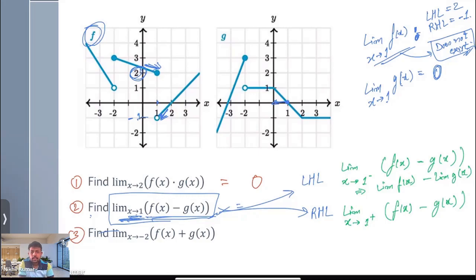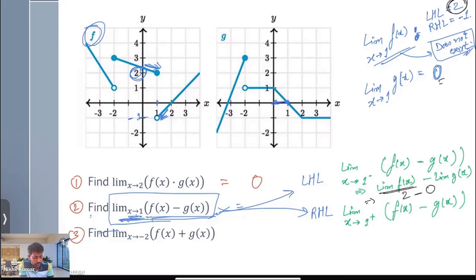Limit f of x, when we are approaching 1 from the left hand side, what is the value? It's 2. Minus, well, limit of g of x was 0, so 2 minus 0. This is the left hand limit.